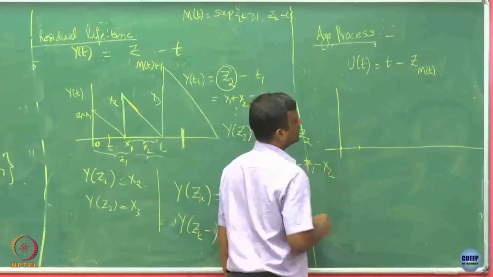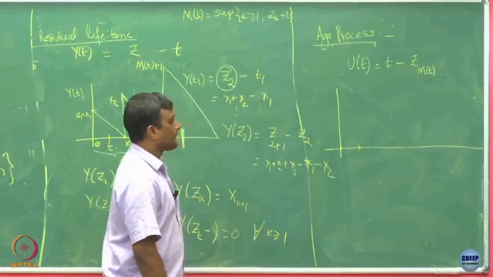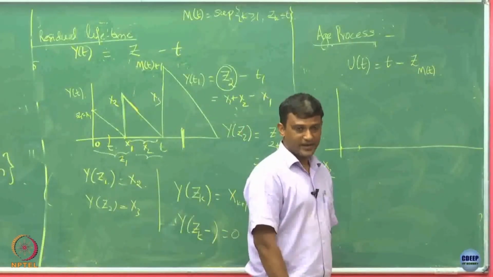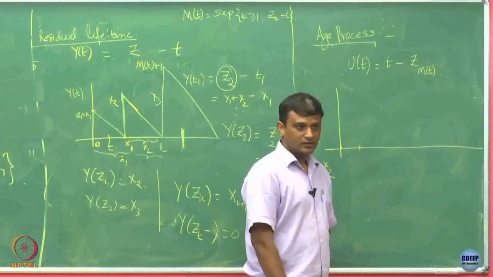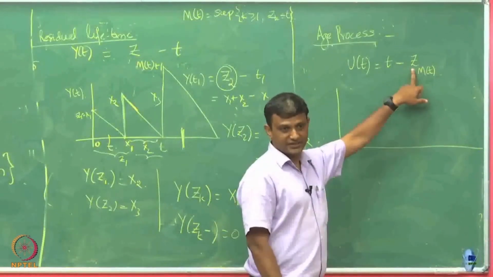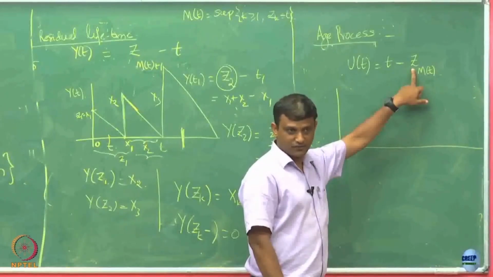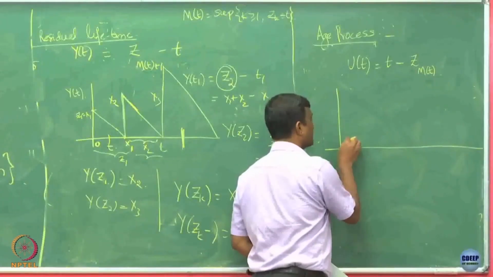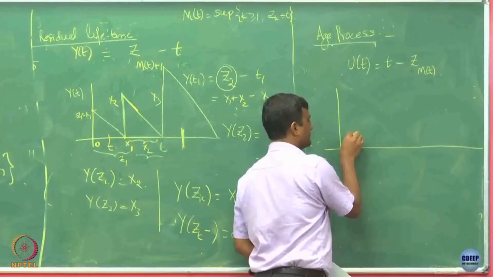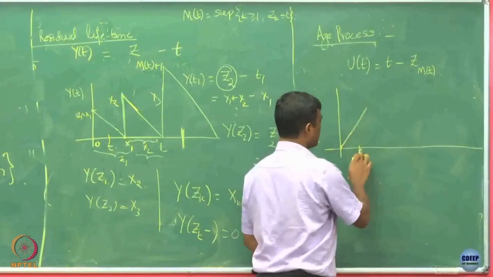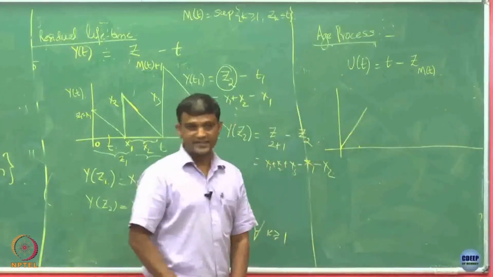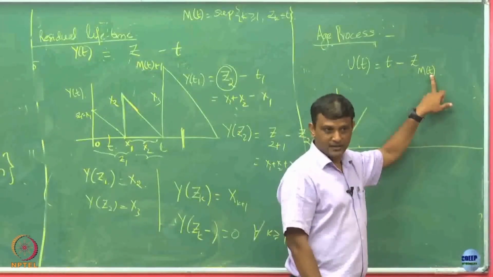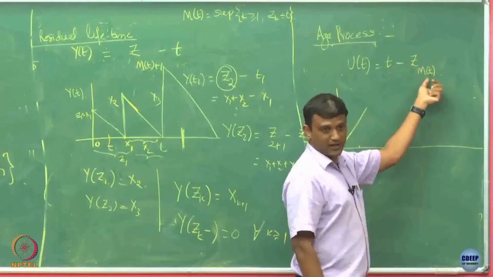It is going to be 0. And as I increase t, what is happening? This guy is not going to suddenly change, it is going to remain there for some time, but t is increasing. T increasing till what time? At some point when t I take to be x1, suddenly this guy becomes z1, right?